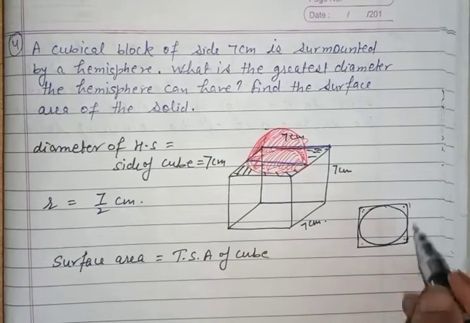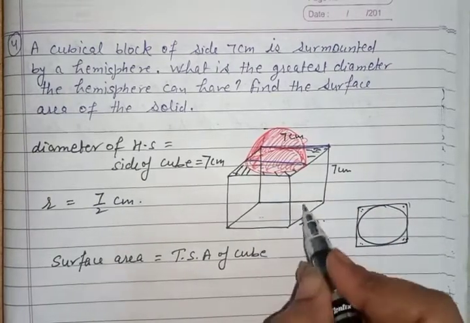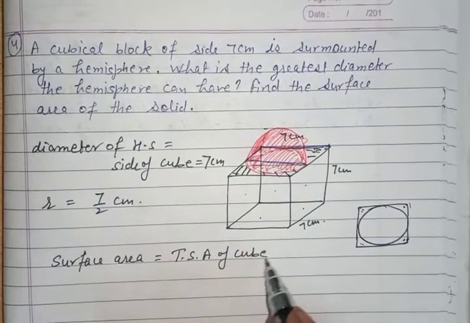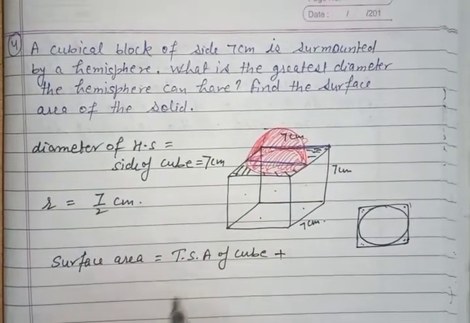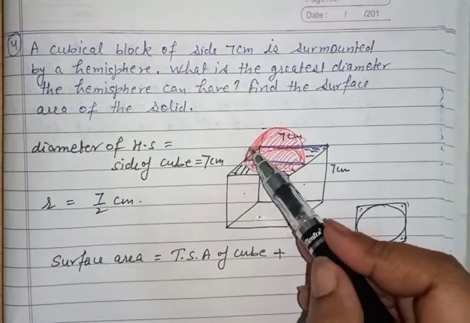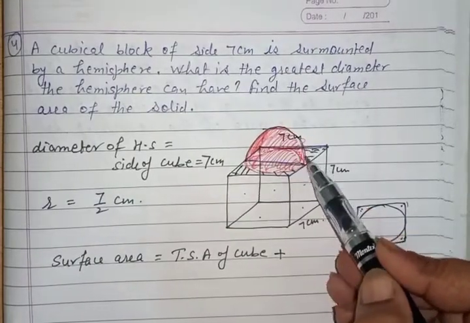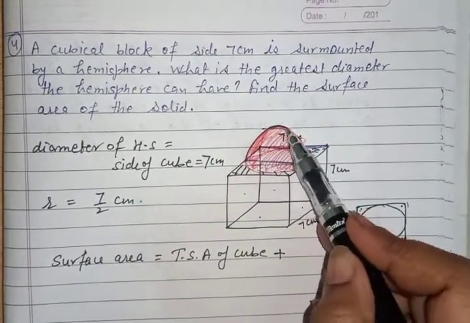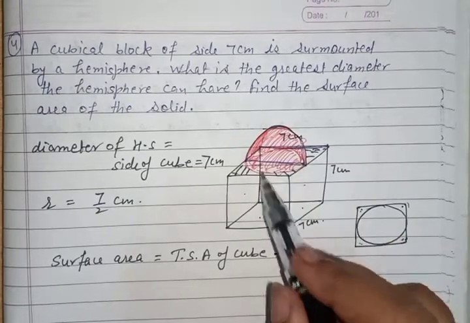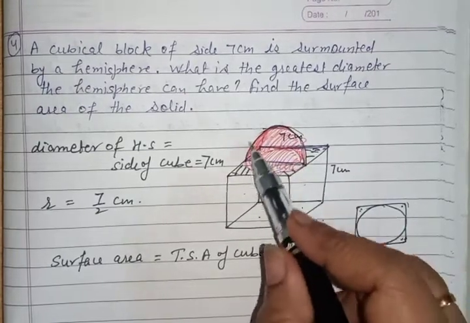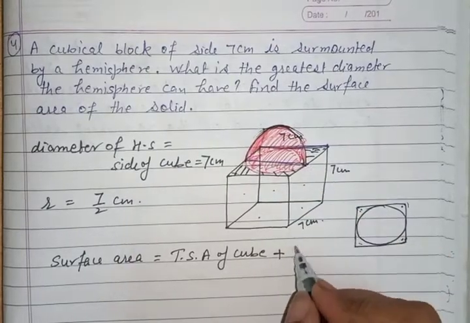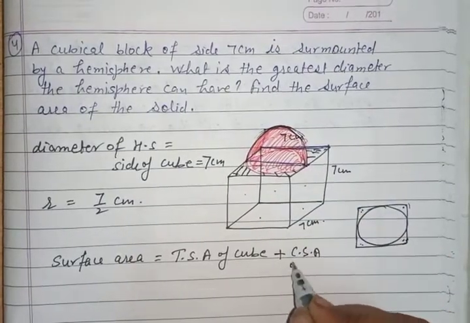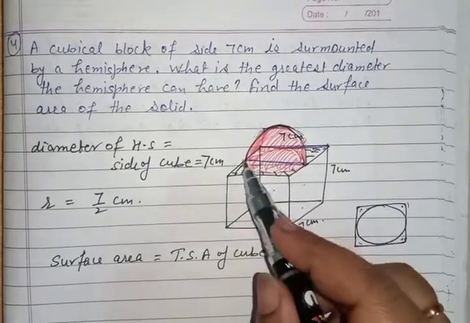So this portion we can paint and all 5 surfaces we can paint. It means total surface area of cube we can paint, plus this part also we can paint. If on a cubical block we keep some round figure or a hemisphere, then this part we can paint, which is curved surface area of hemisphere.